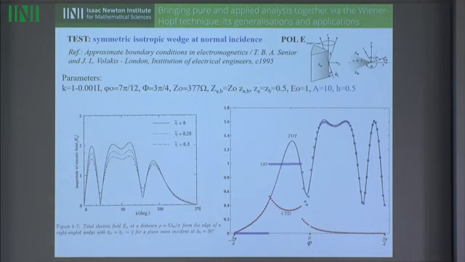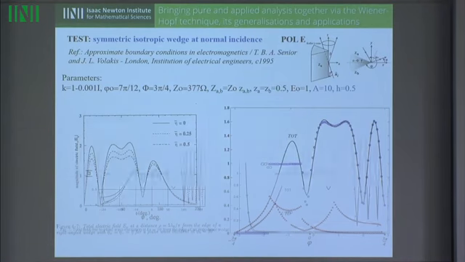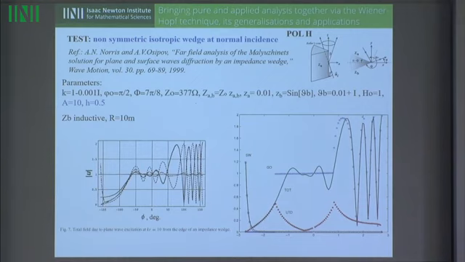The physical parameters of the problems are reported here. Here is another solution in literature from the Norris-Osipov paper of 1999, where you have an inductive surface impedance on the shadow region here, and in this case you see that for rough discretization you get very similar results.